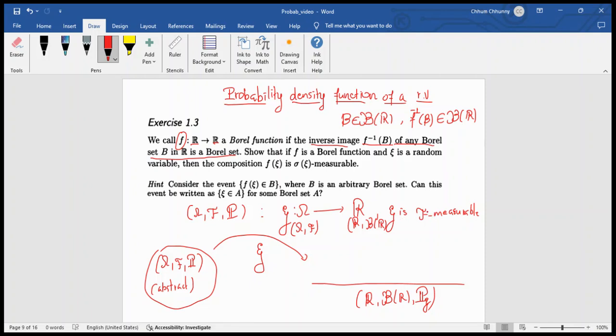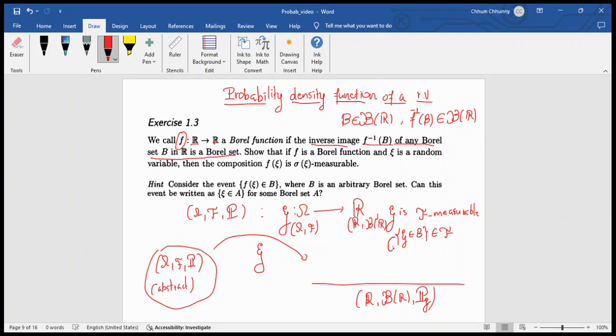The definition of an F-measurable function is that the set {psi belongs to B} has to belong to F. This is the short form.